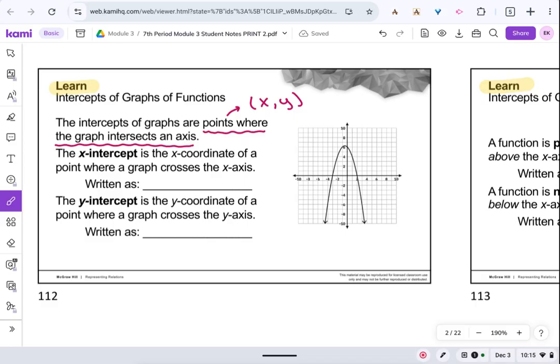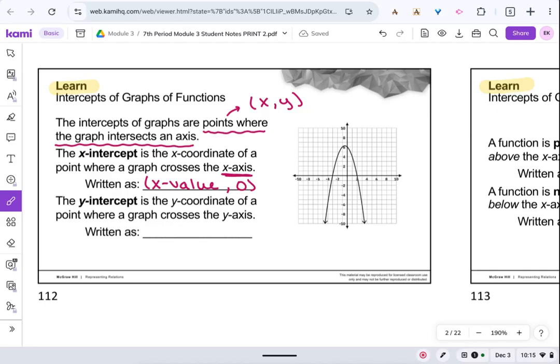The x-intercept is the x-coordinate of a point where the graph crosses the x-axis. So x-intercept, x-axis, okay? How we write this is we're going to write our x value, or whatever number it is, and then it's always going to be 0 in that point because the 0 will always be y since I'm not moving up or down.